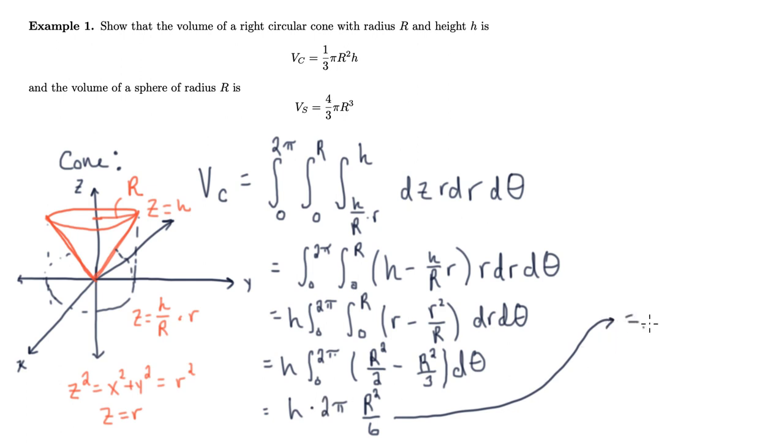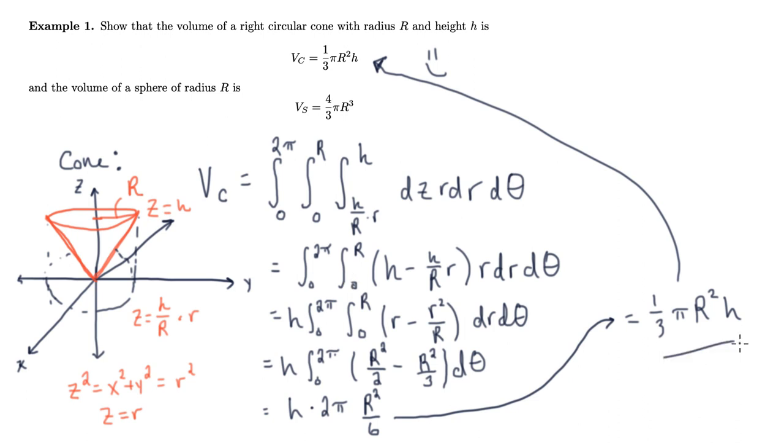So this is just 1/3, because I have a 2 over 6, pi capital R squared h, which is exactly what I wanted to get. So great. If you ever forget the volume of a cone, just pull out your triple integral techniques, set up the iterated integral, and you'll see it's 1/3 pi r squared h.